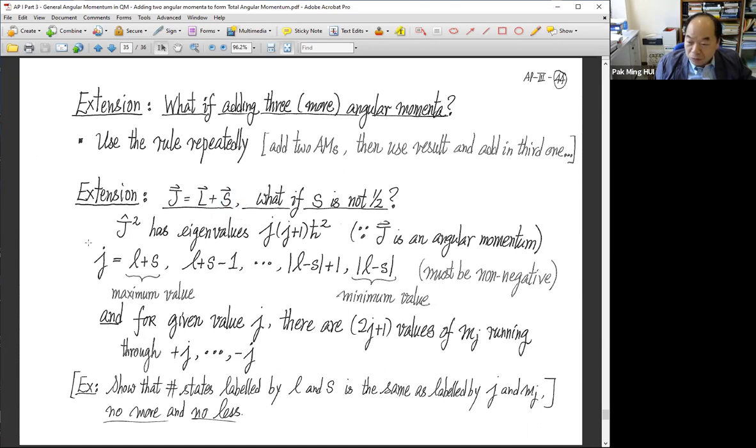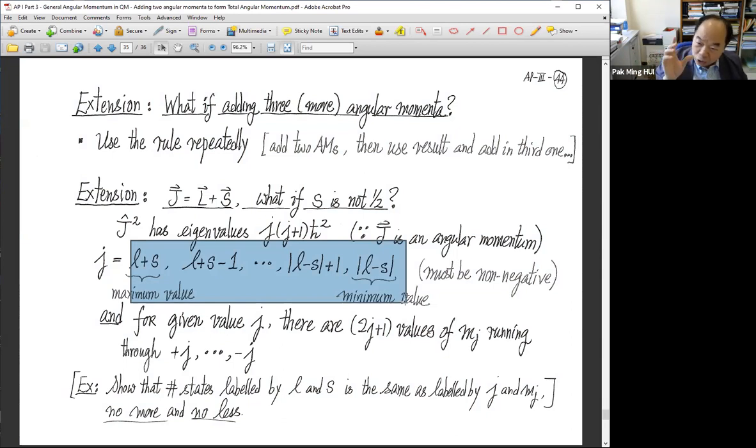So here's, I give you the rule again, but very natural, okay? All in all, you have many J's that could go from the longest Z component to the shortest Z component in step of 1. Now that is quantum angular momentum in quantum mechanics, basically, okay? So that is the general case. You will have more J values, but run through from the longest Z component to the shortest Z component.